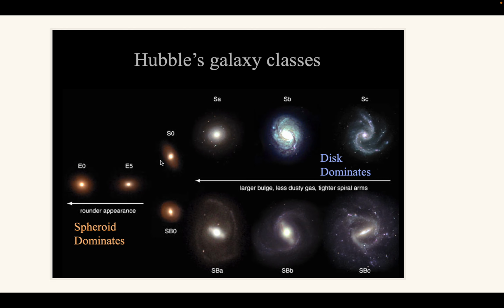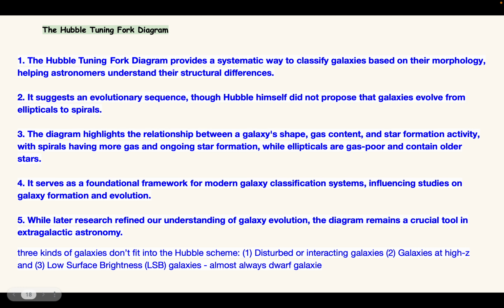And from this base, another branch emerges, the elliptical galaxies, E5 to E0, those six types of galaxy. E0 is the roundest kind, with a spheroidal appearance, and along E5 to E0, the spheroid dominates.